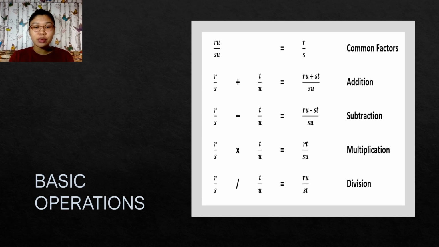Now for multiplication, we just need to multiply the numerators and then the denominators. So we have here RT over SU. And then for division, R over S divided by T over U, we need to reciprocate the divisor, which is T over U, to U over T, and then multiply. That is why we have here RU divided by ST. I will be giving more details on the upcoming slides, so let's proceed.